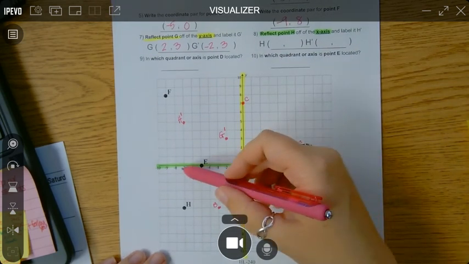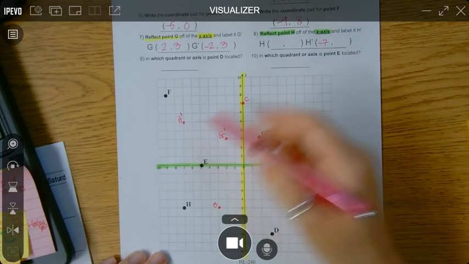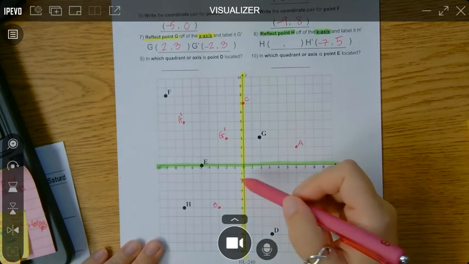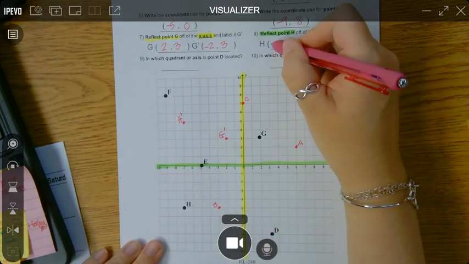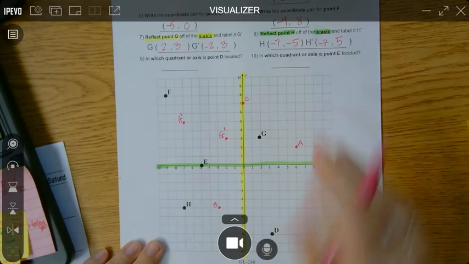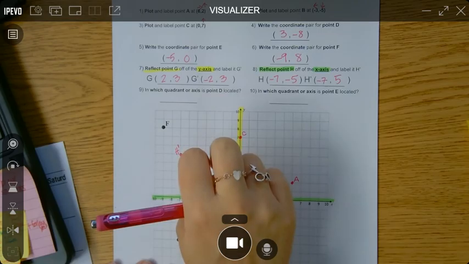Well, it went left 7 and up 5 for the image of H. And then my original H was still left 7, but this time down 5. Do you notice something interesting about your original to your image?